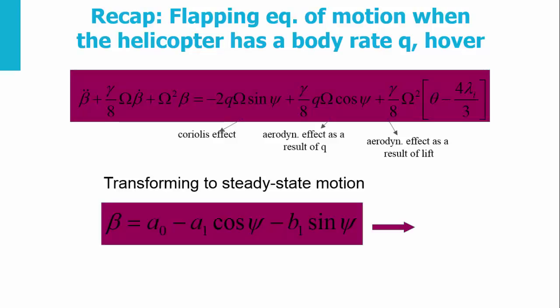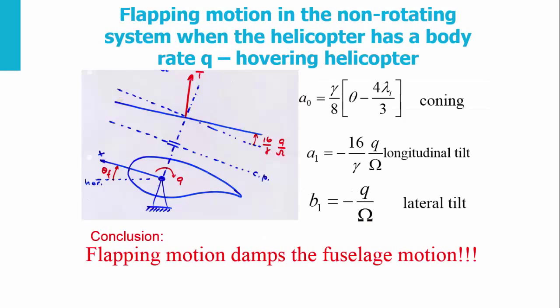You remember that we had to introduce the Coriolis effect and that pitch rate had also an aerodynamic effect on the motion. We have transformed the rotating motion to the steady motion, or the distilled motion, using the Fourier transformation, and we finally obtained that in the non-rotating system, the flapping motion is composed of a coning angle, a longitudinal disk tilt, and the lateral disk tilt.